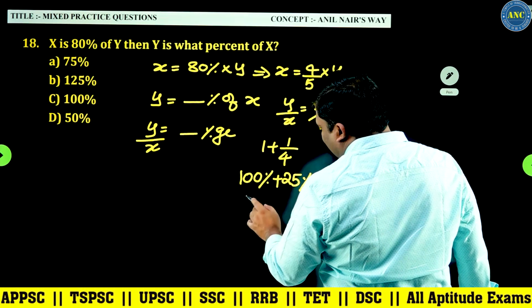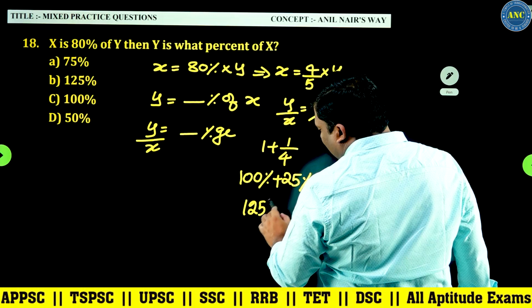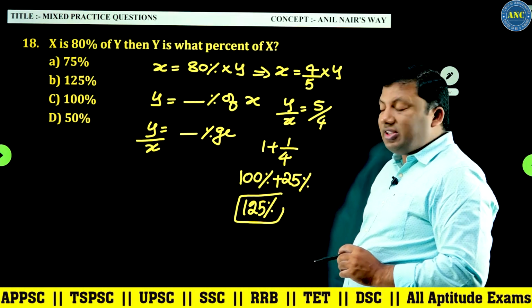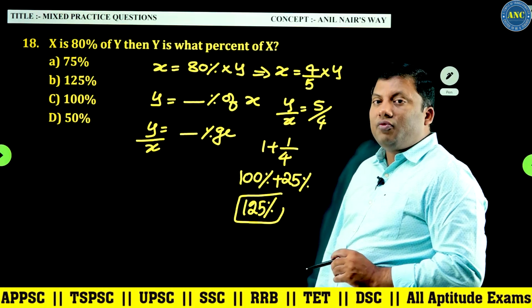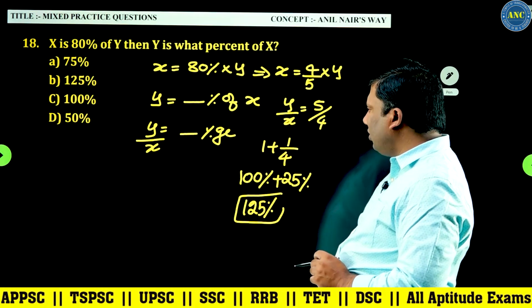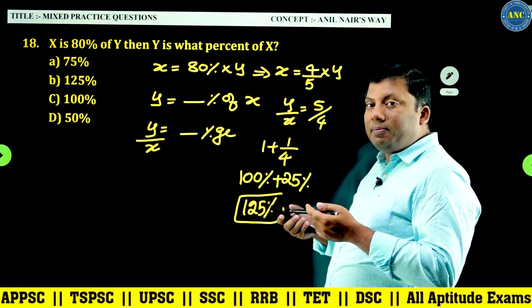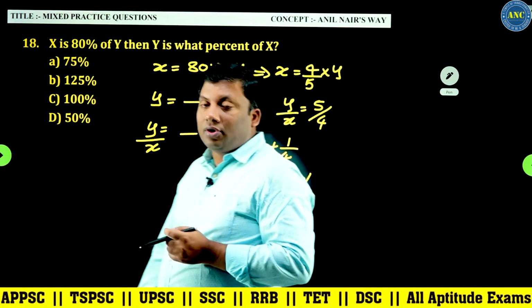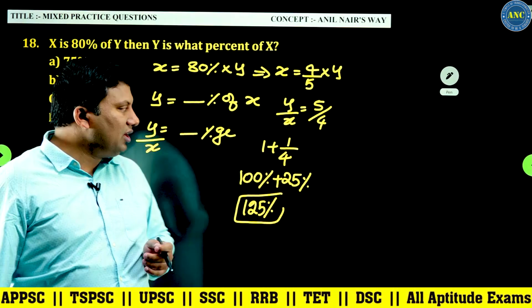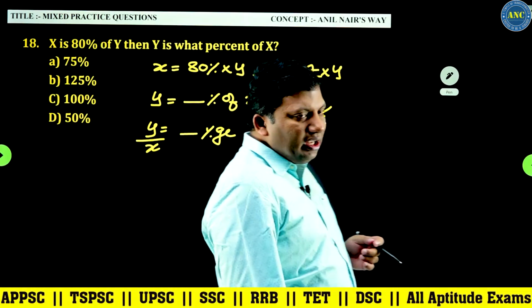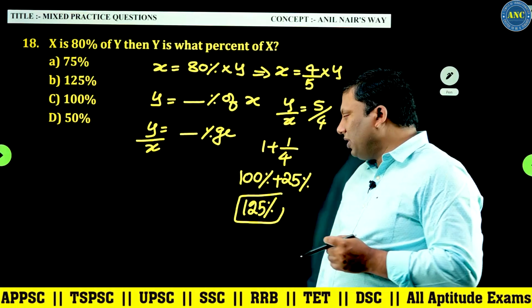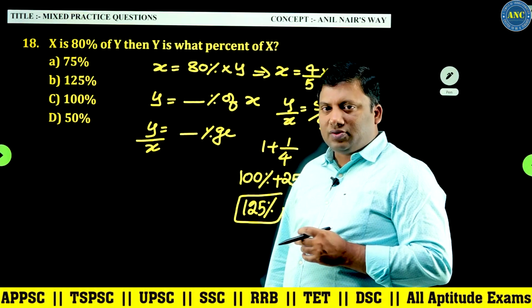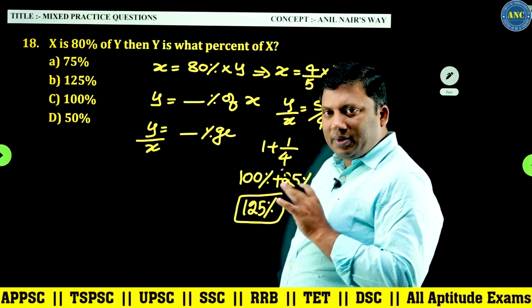So the answer for this question will be 125%. 100 plus 25 is 125%.